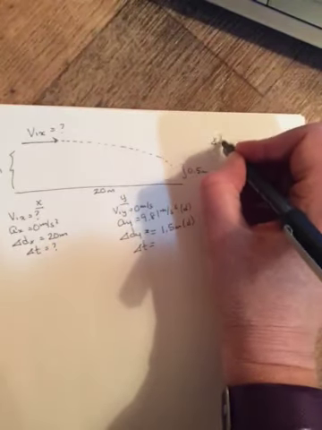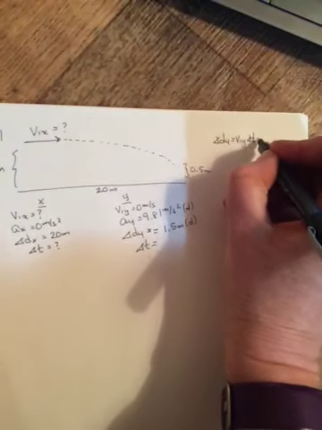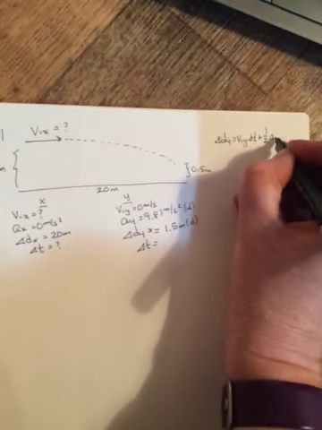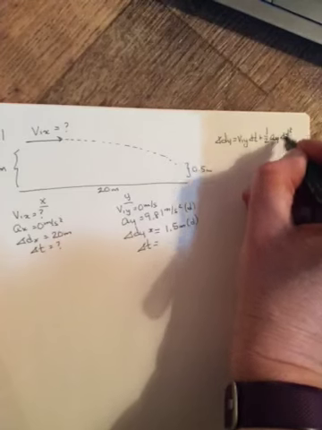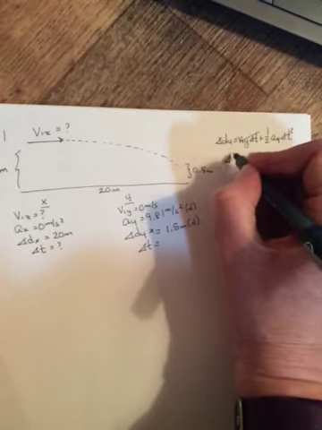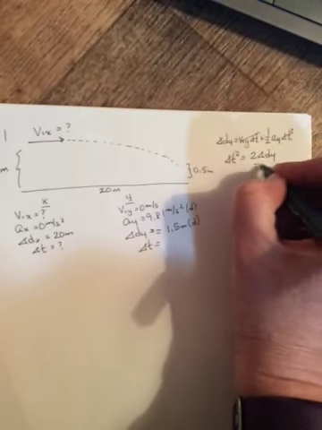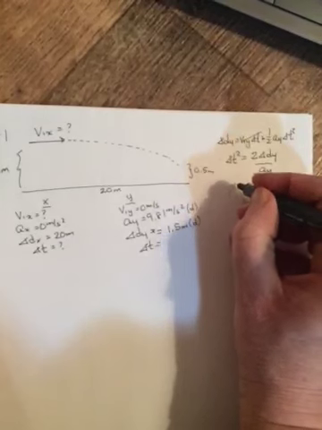So in the y direction, delta dy is equal to VIY delta t plus 1/2 AY delta t squared. The VIY goes to 0, multiply both sides by 2, divide by a, and you get 2 delta dy over AY.